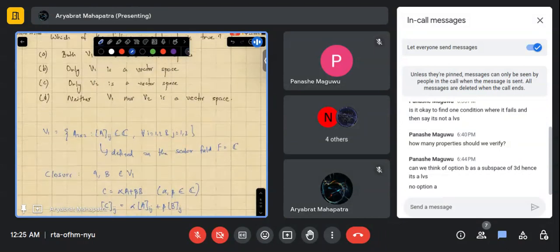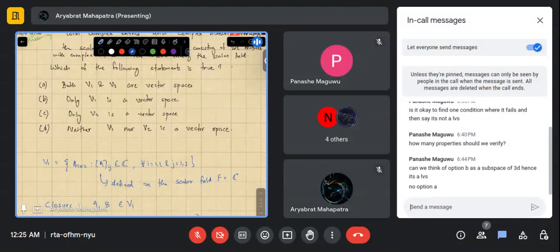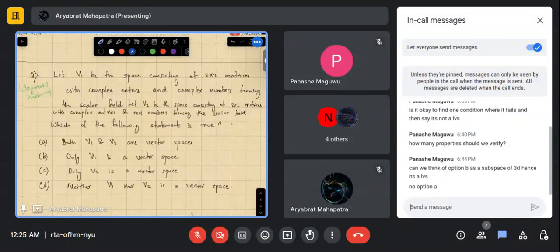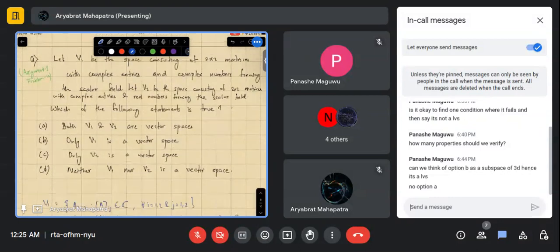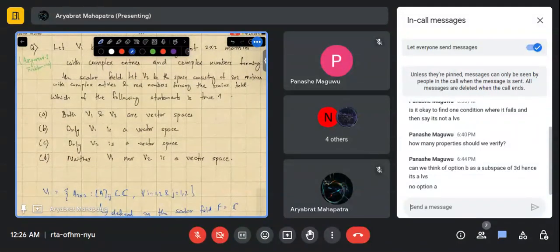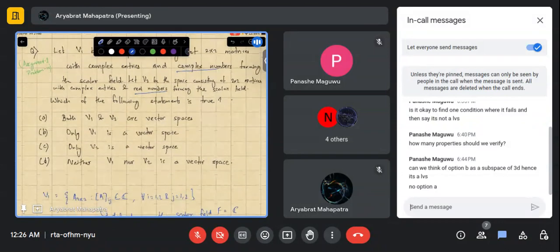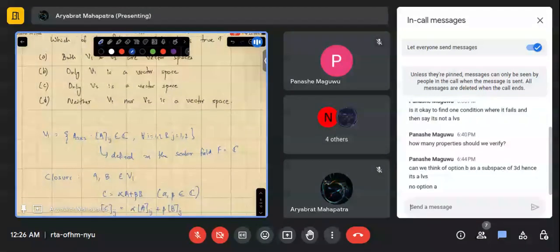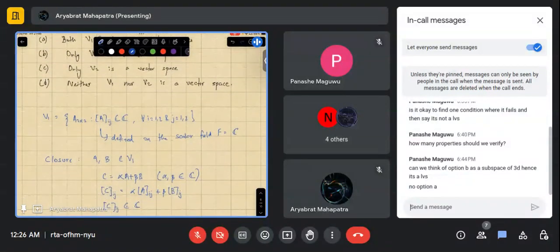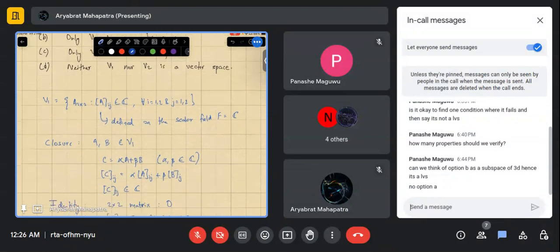In the same way, you can check V2 is also a vector space. The difference is that here real numbers form your field, and previously it was complex numbers. But there won't be any change. Complex numbers are more general, and when you restrict to real numbers, it will still follow those features.